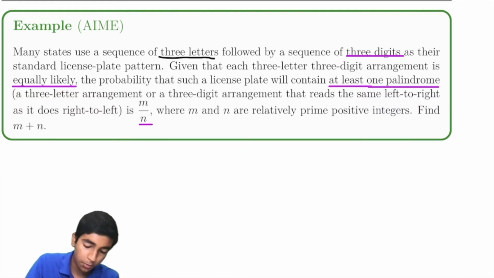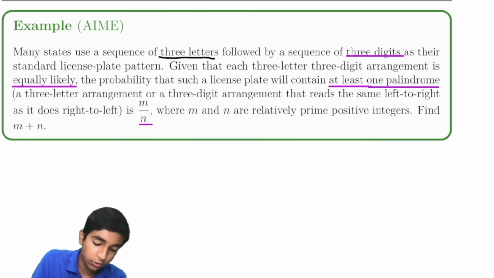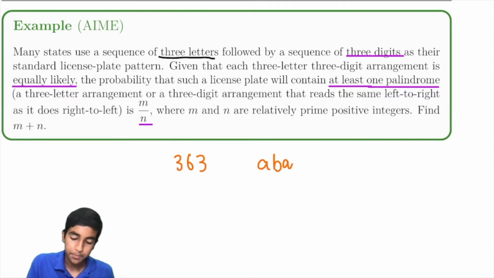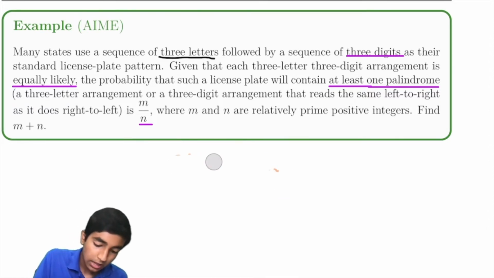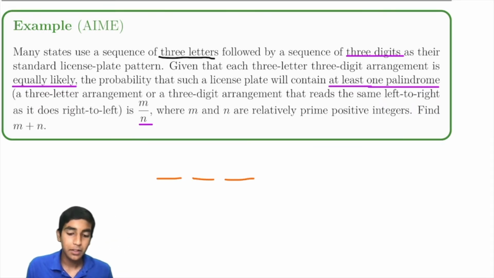And it's saying that a palindrome is something that reads the same left to right. So for example, 363 is a palindrome, or ABA is a palindrome, because they read the same left and right. But in our context, if we have 3 digits or 3 letters, what does a palindrome mean? The second digit doesn't matter. It has to read the same left and right.